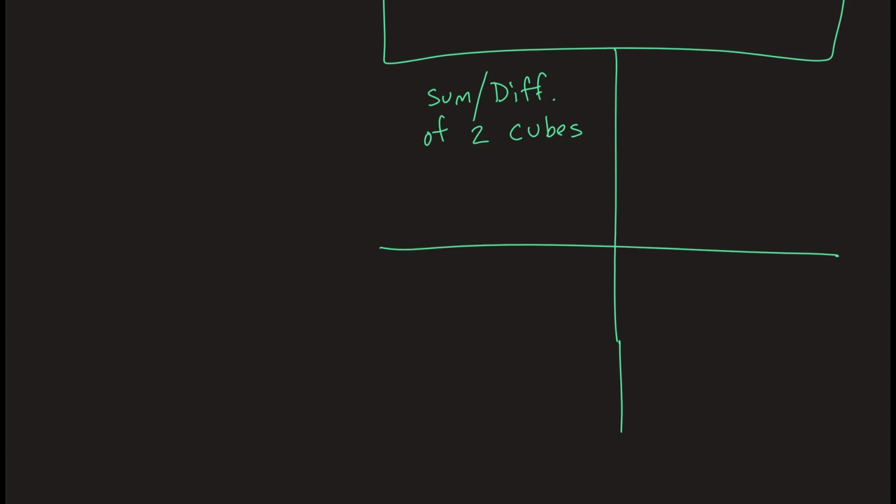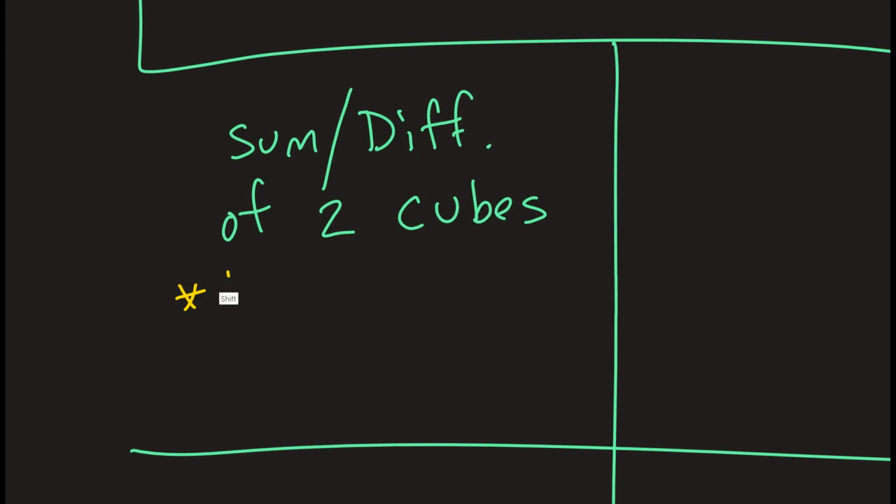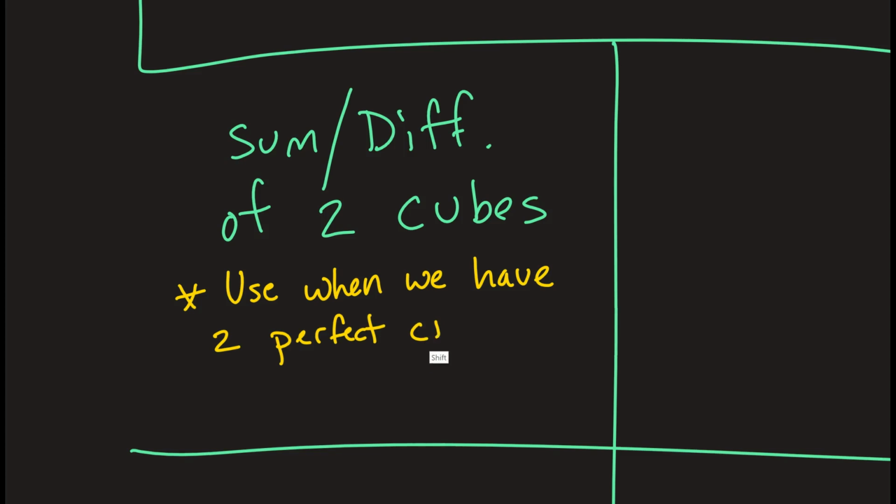We use sum and difference of cubes when we have 2 perfect cubes.